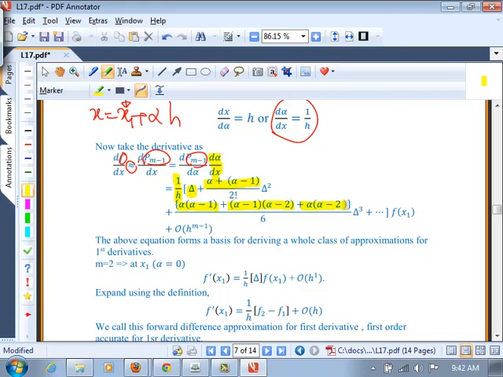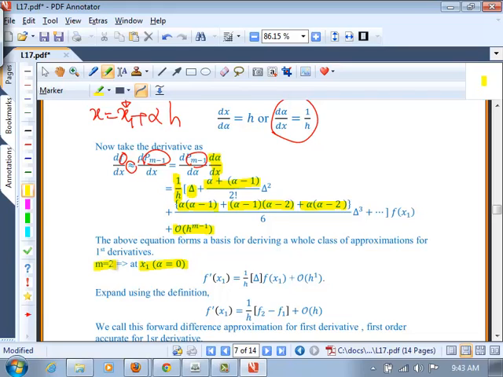What this tells you is, if you give me a table of data points, I can evaluate numerically what the derivatives are by plugging into the formula that I get from this. As an example, take a reference point x1, which is alpha equal to 0, and m equal to 2. When you take the derivative, you're basically truncating after this term. So what you'll get is 1 over h times delta operating on f of x1, because x1 is the reference point.